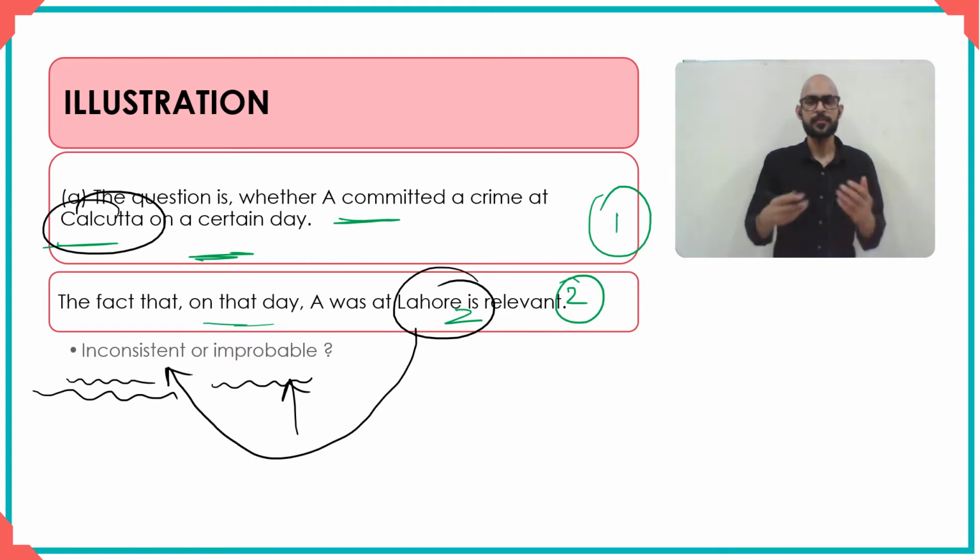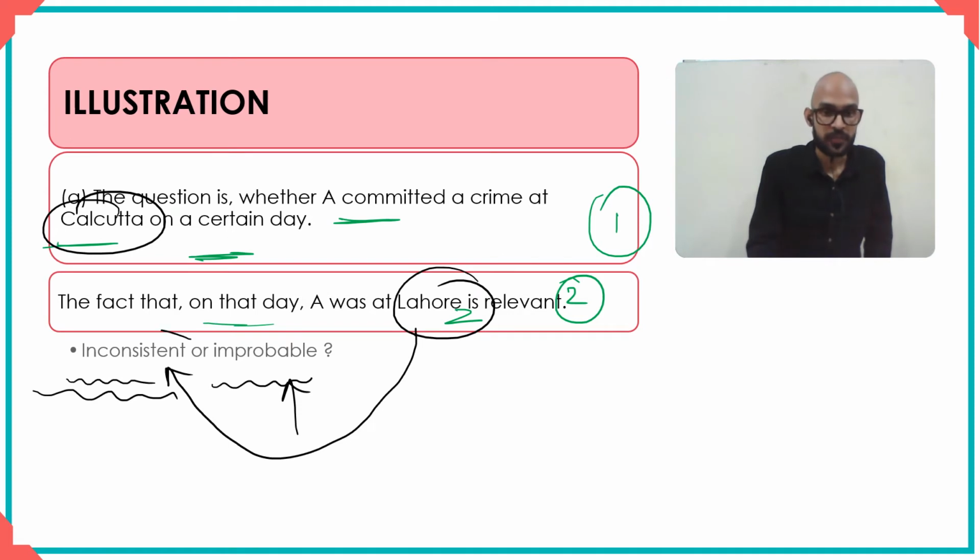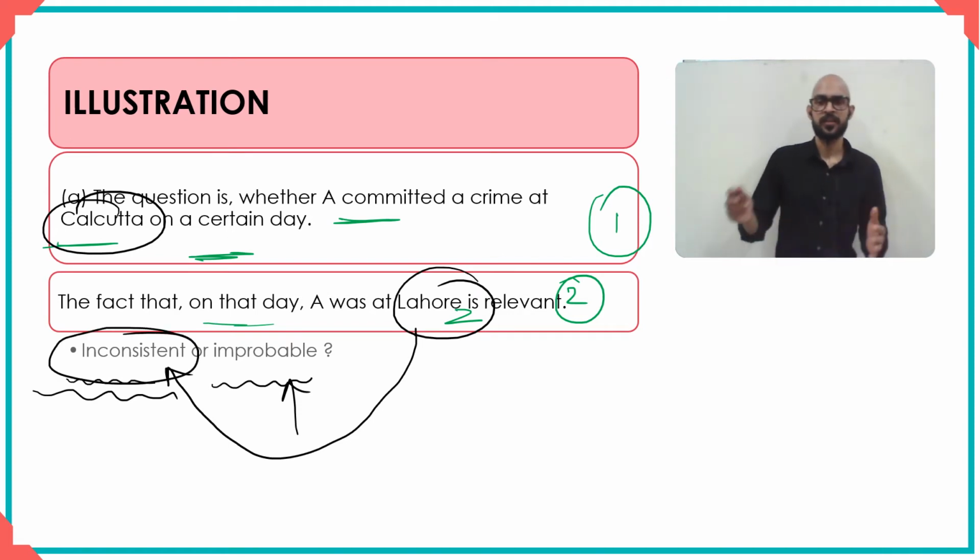It's unlikely that a person would go from Chandni Chowk to China on the same day. However, let's say the journey is very long and it is not possible for a person to be in Chandni Chowk and China on the same day, that would be a case of inconsistency, right? So I understand that Chandni Chowk and China are quite far away, and therefore maybe I would say in the previous example that it was a case of inconsistency.